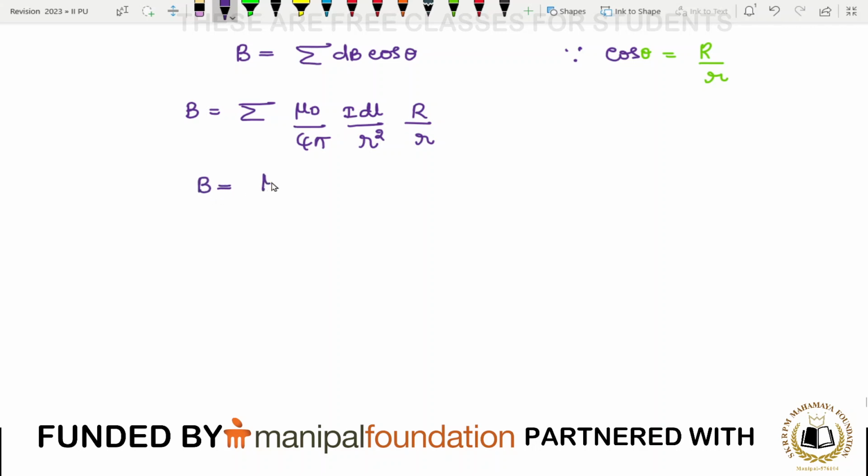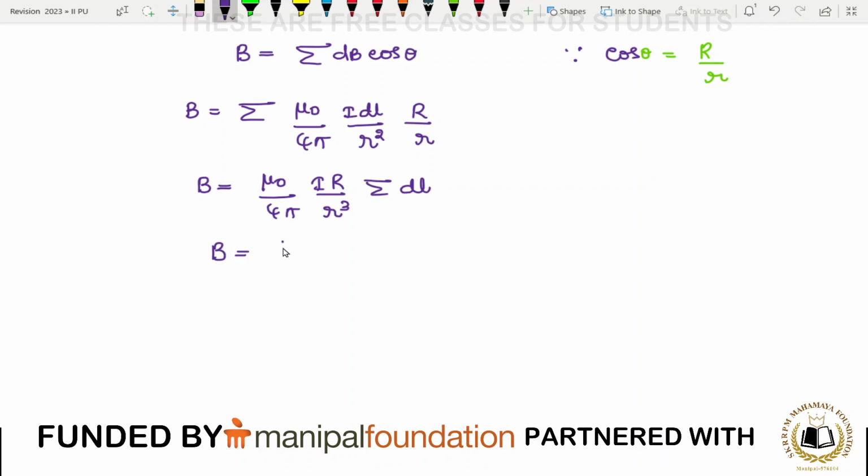So B is equal to mu naught by 4 pi I into R divided by r cube, since r square times r becomes r cube. This step you can ignore because both are the same. So I will just apply sigma for this dl.